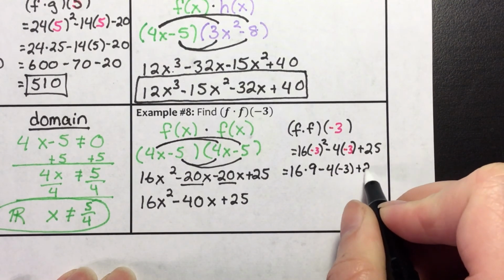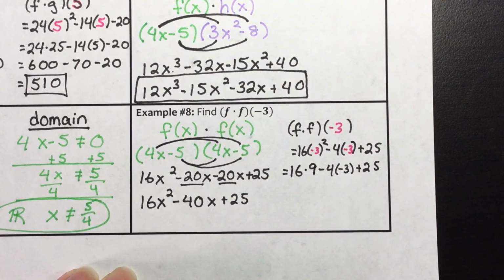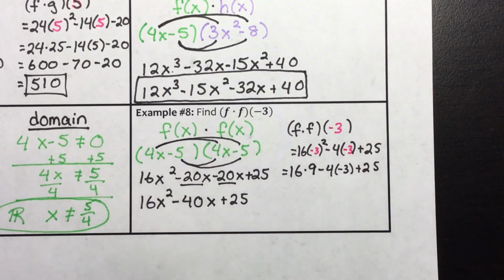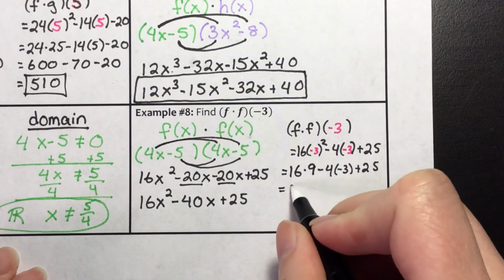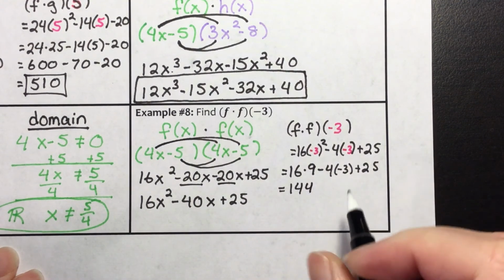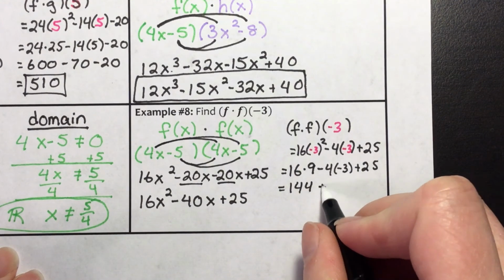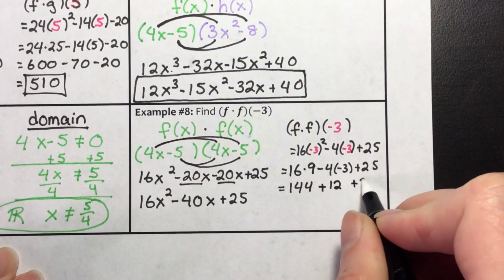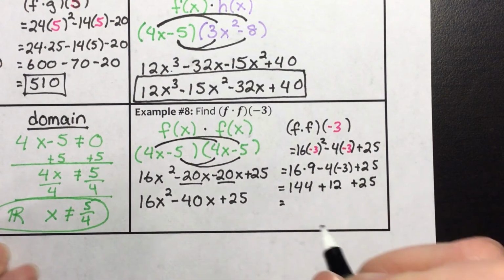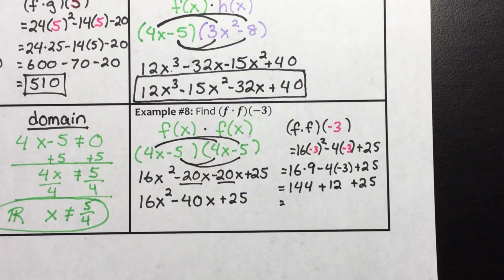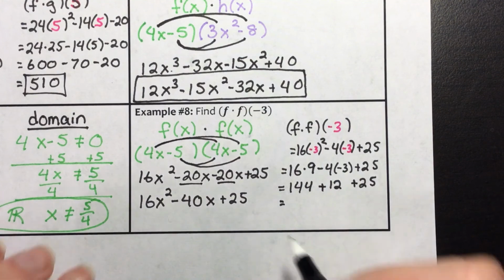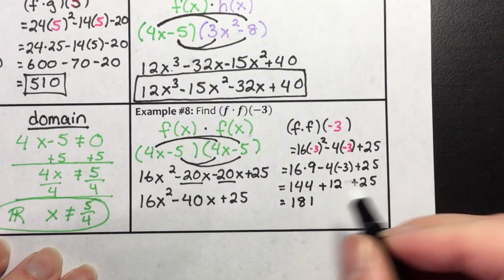And then copy everything else. Next up, multiply. We have 16 times 9, which is 144. Negative 4 times negative 3 is positive 12. And bring down that plus 25. Then we can add all these numbers together. 144 plus 12 plus 25 is 181.